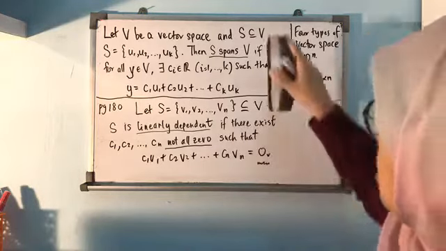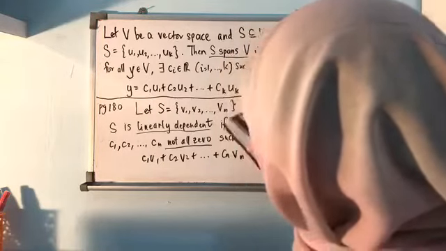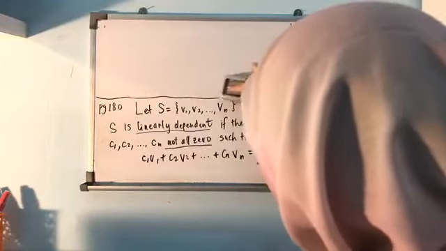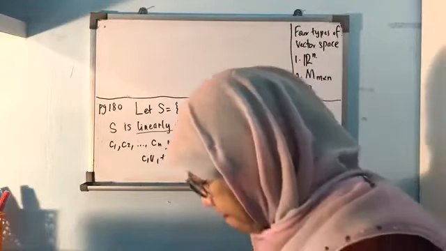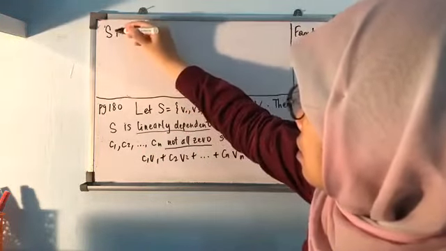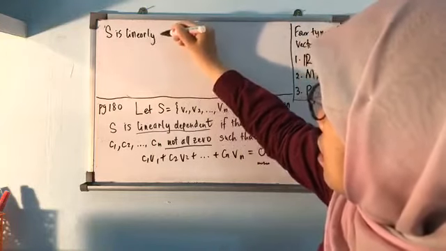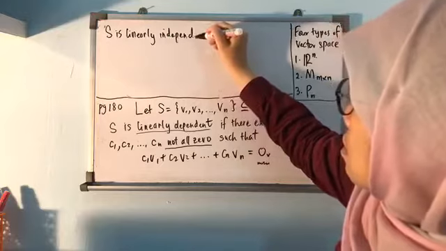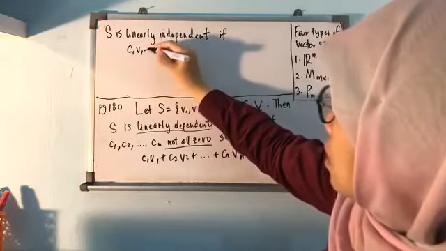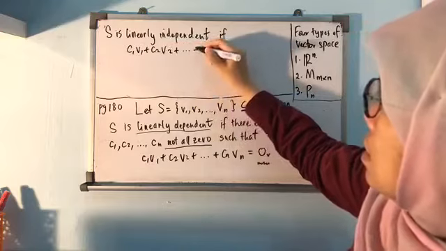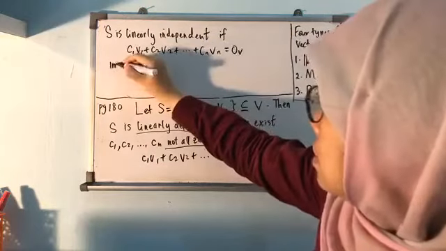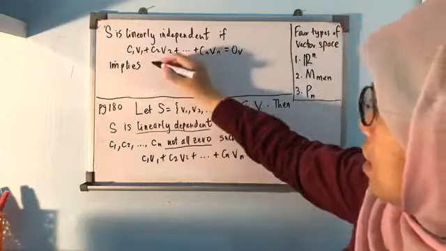I will erase the top part. For linearly independent, with the same S, S is linearly independent if C1 V1 plus C2 V2 plus Cn Vn equals 0 implies all the Ci equal 0.